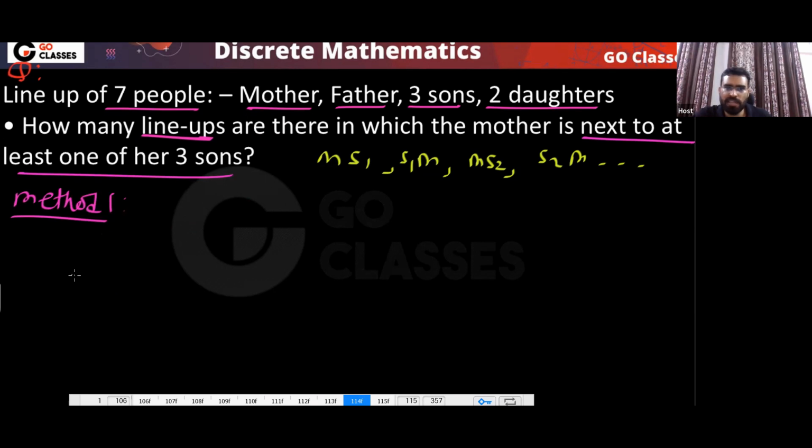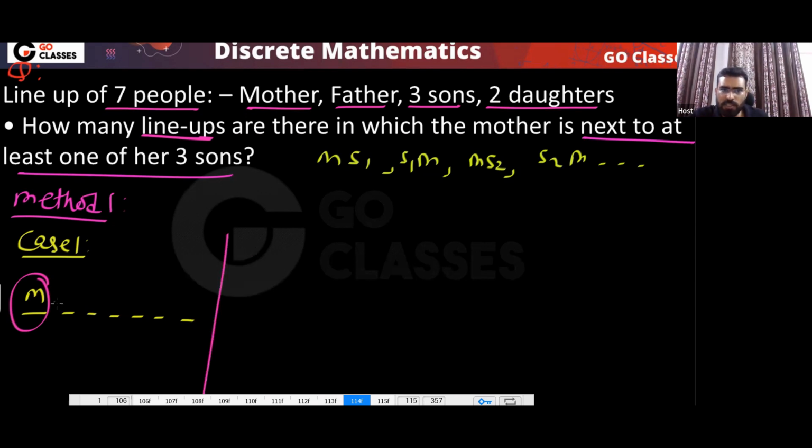Method number 1: if mother is on the first position, you can create cases. Case 1, when mother is on the first position, then total 6 positions remain. What is the answer for this case?